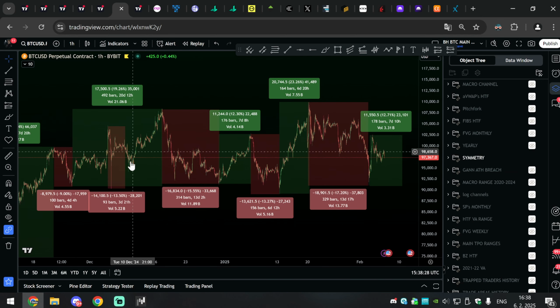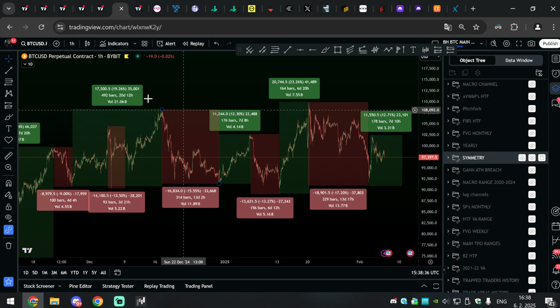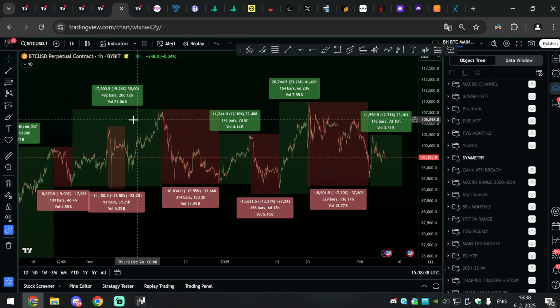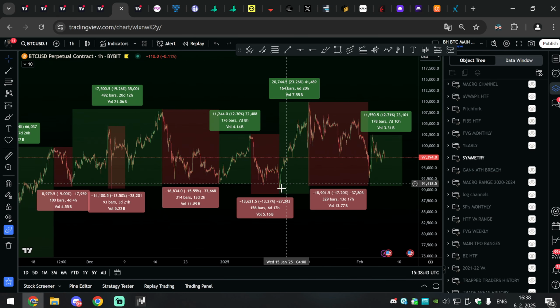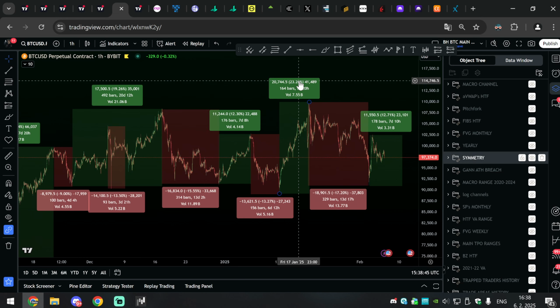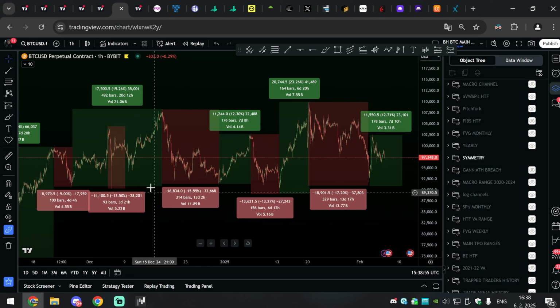Pretty interesting, right? When you watch the symmetry on the high time frame range you are in, you can expect the moves. You can see clearly if Bitcoin does a full range rotation, it loves to do a 19 to 20% move plus. Same thing here. This was a full range rotation of 23%, and on the pullbacks it loves to do 9, 13.5, 15.5, 13, 17. So the pullbacks are definitely at least 10% based on our statistics.